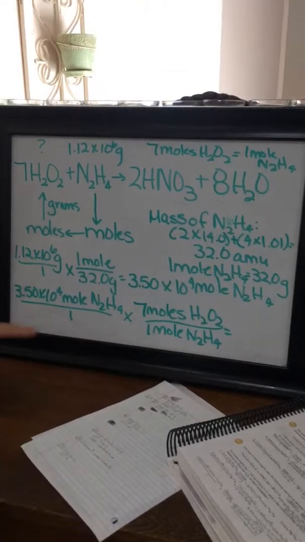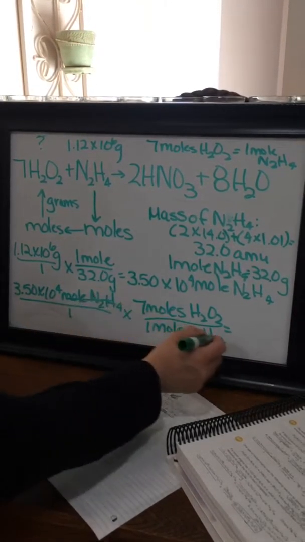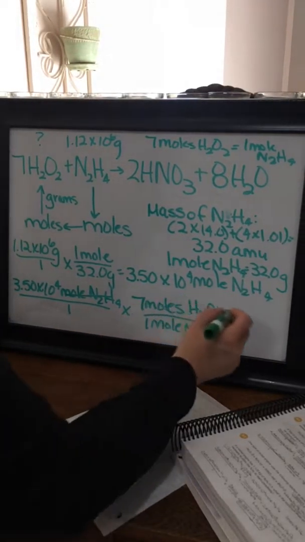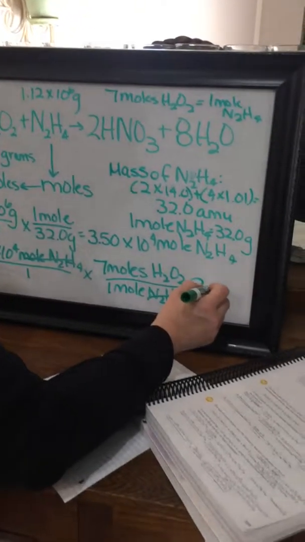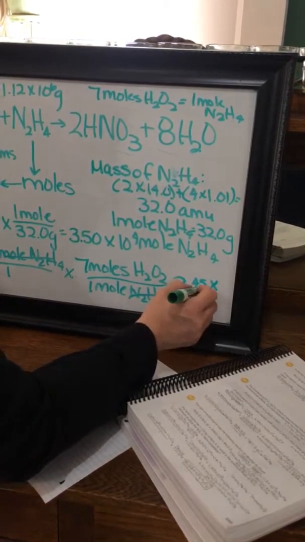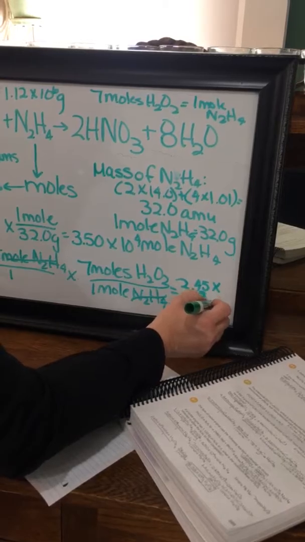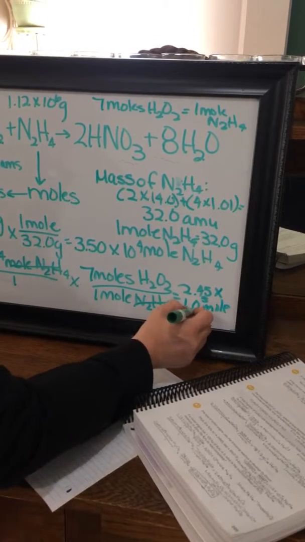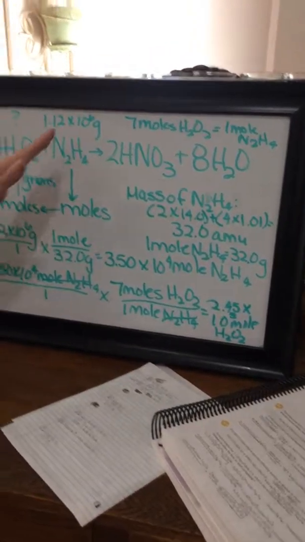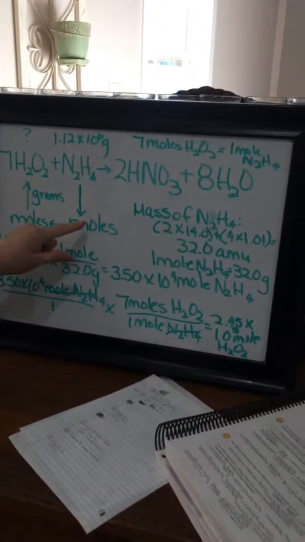Once you multiply that out, see these will cancel out. You're going to have 2.45 times 10 to the 5th moles of H2O2. We'll have to erase some things. So now in our process, we've gone from this to this.